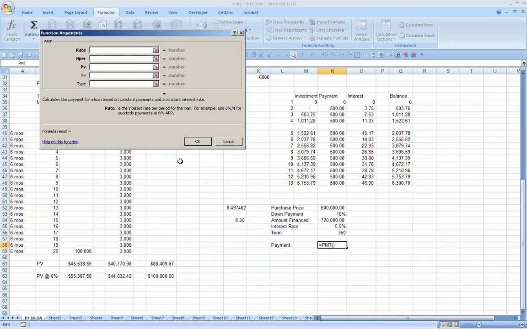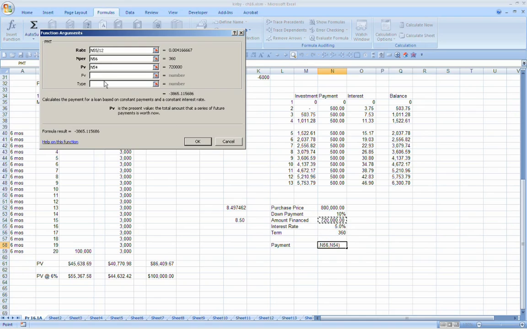Okay? Payment, it wants to know the interest rate, and that's an annual interest rate. My loan is 360 months. That's a 30-year loan, so I have to divide by 12, right, to convert this to a monthly interest rate. The number of periods, 360. The present value of the loan, $720,000.